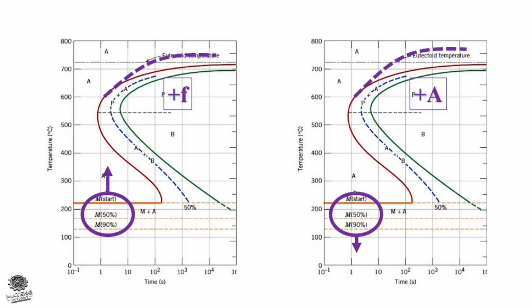Increasing carbon content lowers both the Ms and Mf temperatures. Ms is the start of martensite formation temperature and Mf is the finish of martensite formation temperature, which makes martensite formation more difficult.